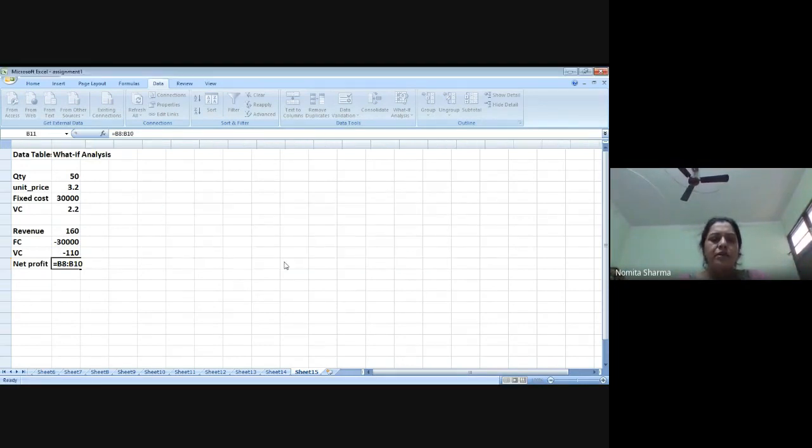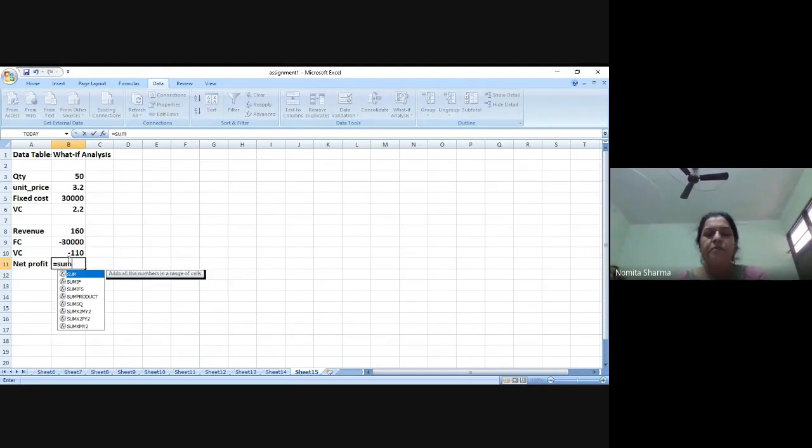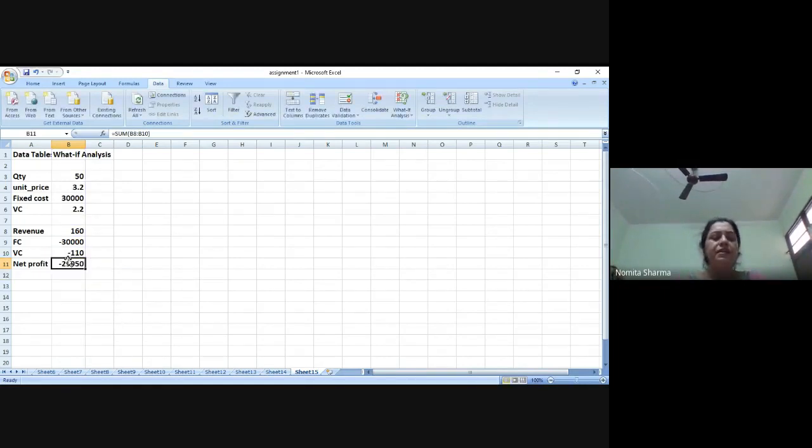Let me see what error has come. I will write it very simply: sum bracket B8 to B10. So when I get that, I can see that the net profit is coming out to be negative.